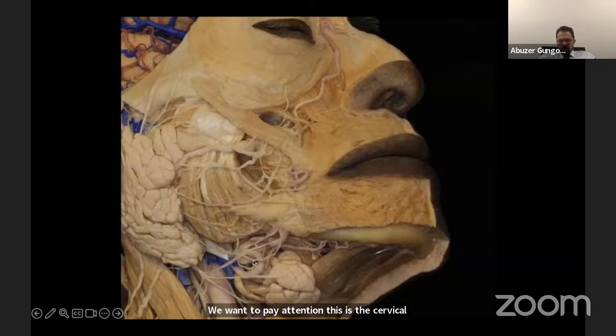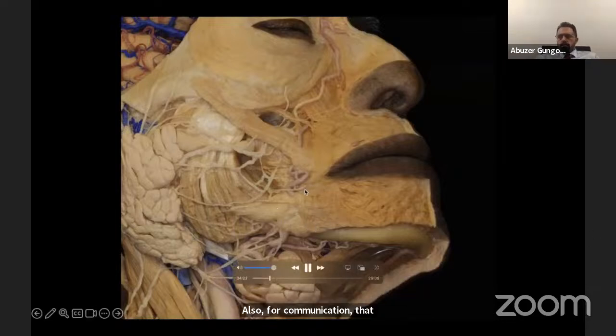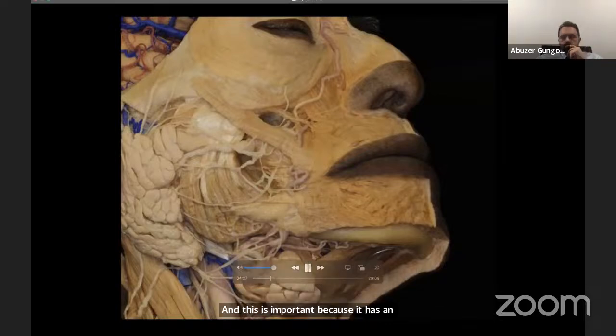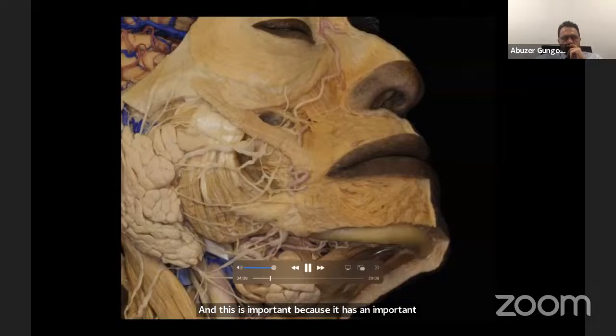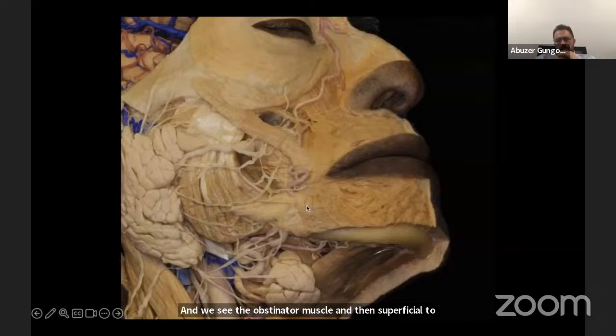We want to pay attention to the marginal mandibular branch, also part of the facial nerve, which innervates the entire aspect and the corner of the lip. This has important surgical significance in head and neck surgery. In the deeper layer, we see the masseter muscle and the buccinator muscle, and superficial to them the facial muscles.